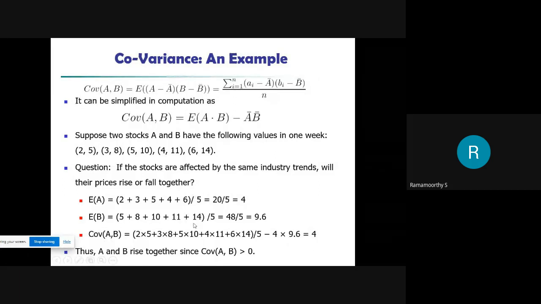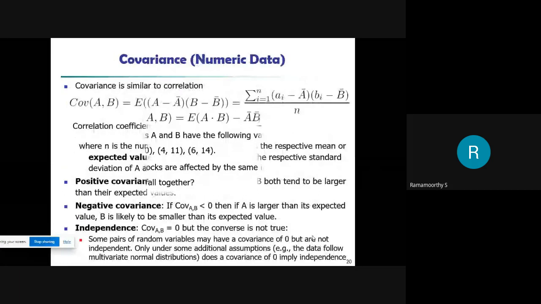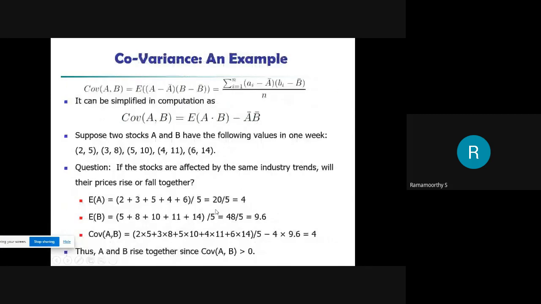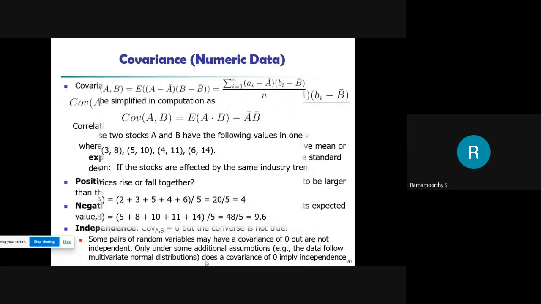So what is the conclusion? It is a positive value, so greater than 0. A and B both tend to be larger than the expected values as per the previous definition. Now the result is 4. So A and B rise together because it is positive.